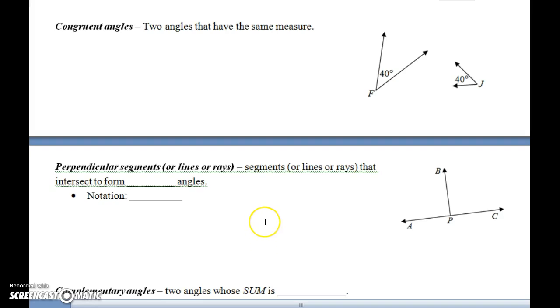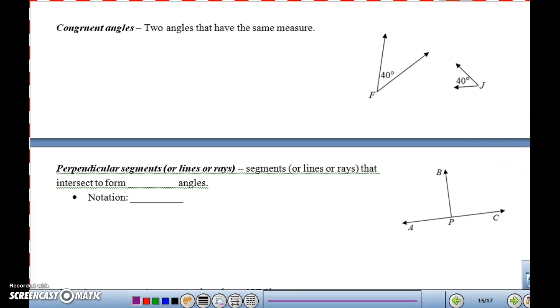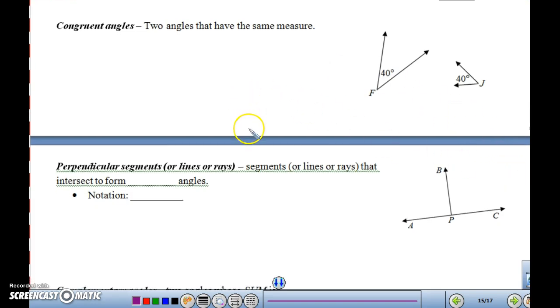Congruent angles. Congruent angles are two angles that have the same measure. We talked about congruent segments in the last lesson. Well, congruent angles are the same thing. We have angle F is 40 degrees and angle J is 40 degrees. So the measure of angle F is equal to the measure of angle J, which equals 40 degrees. They're both equal to the same thing, so they're equal to each other.